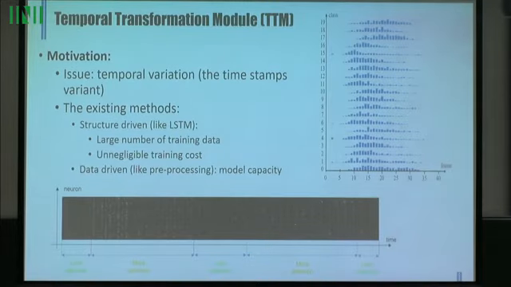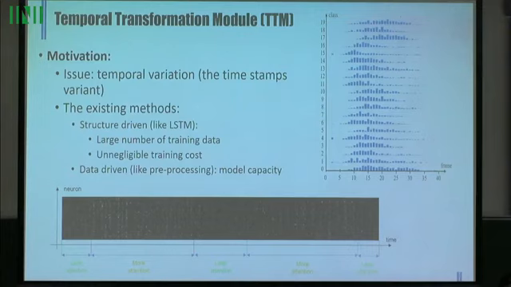So this is the temporal transformation module. The fundamental idea is very straightforward. The path signature we compute is only per sequence, but actually different people do different gestures and they have a different tempo. For example, I can wave my hand fast, or I can wave my hand slowly.